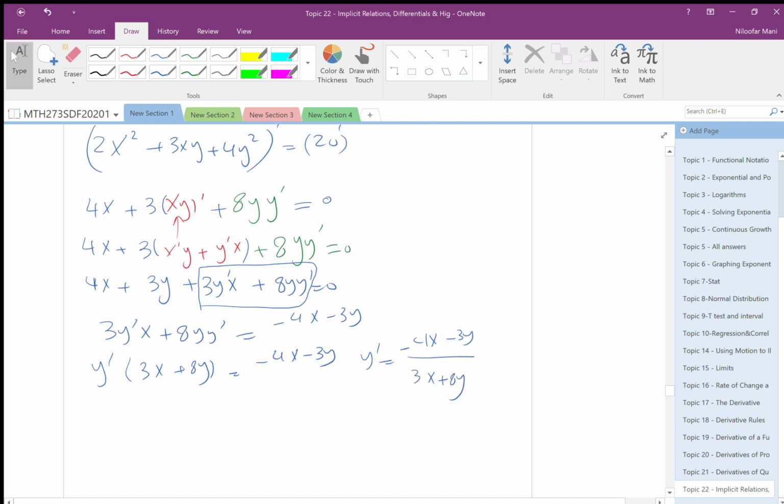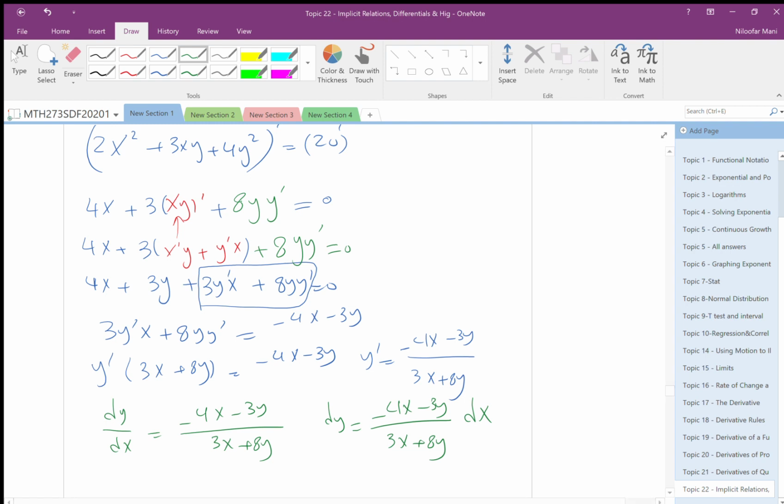And then now my lesson starts here. I have to say dy over dx equals minus 4x minus 3y divided by 3x plus 8y, and then dy is minus 4x minus 3y divided by 3x plus 8y times dx. So you just substitute dy over dx, multiply by dx, and find dy. Here you are solving for the differential.